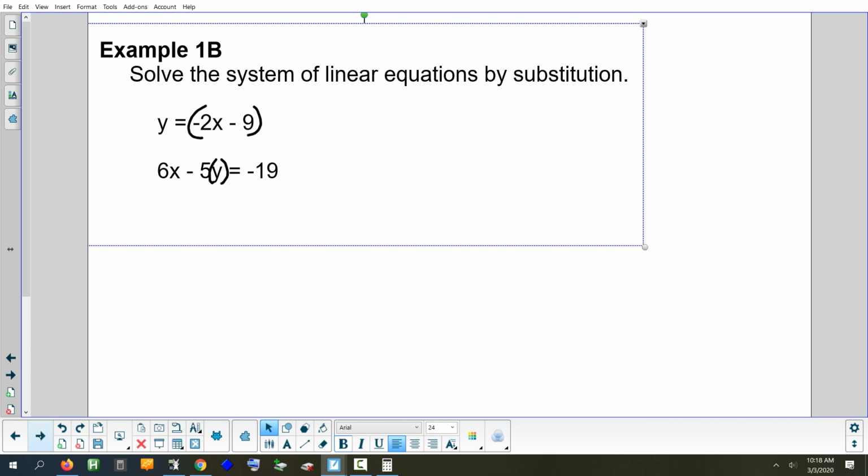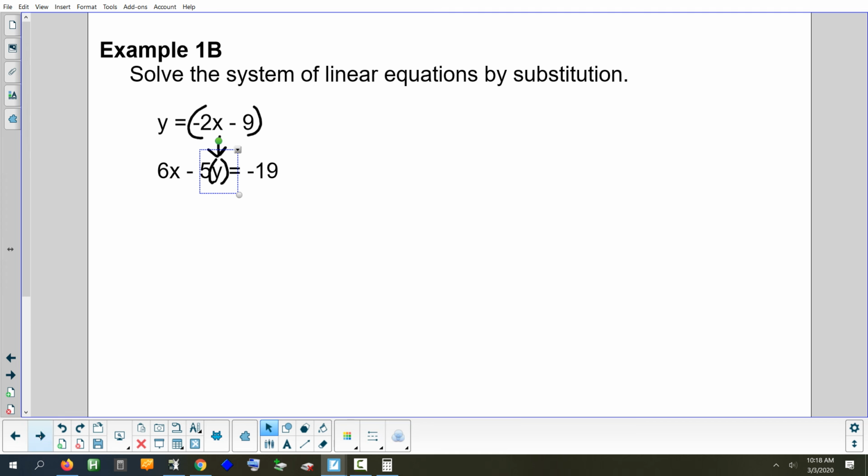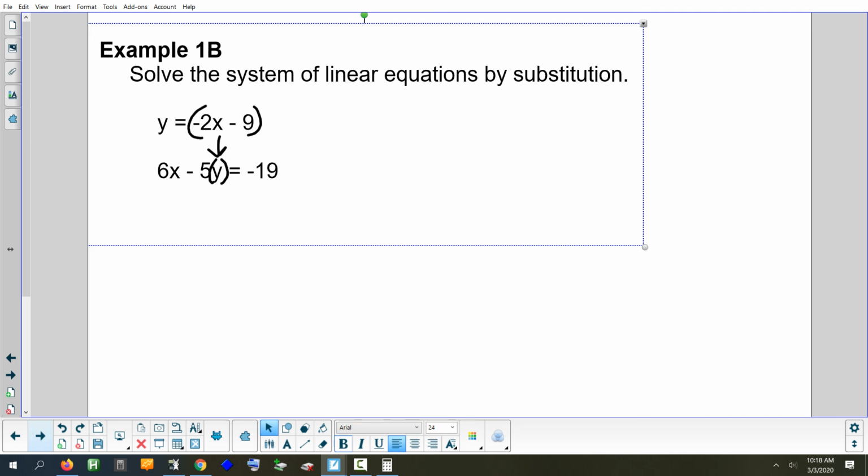And now we're going to take all of this stuff and fill it in right there. They're telling me Y is all that stuff in parentheses. So in the bottom equation, take the Y and fill in that stuff in parentheses. That's why it's called substitution. They tell you a formula for Y and plug that stuff in for Y.